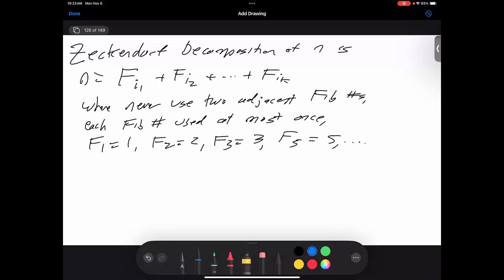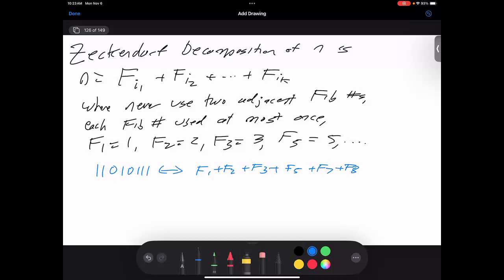If we do this decomposition, every number can be written uniquely as the sum of non-adjacent Fibonacci numbers. So if I gave you, say, 1, 1, 0, 1, 0, 1, 1, 1, that might mean F1 plus F2 plus F3 plus F5 plus F7 plus F8.